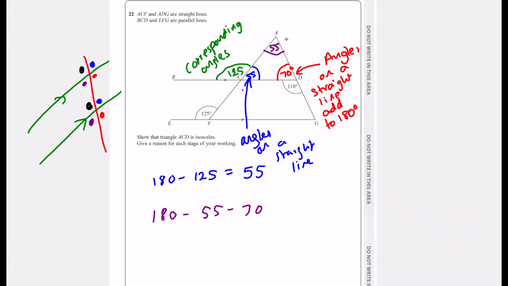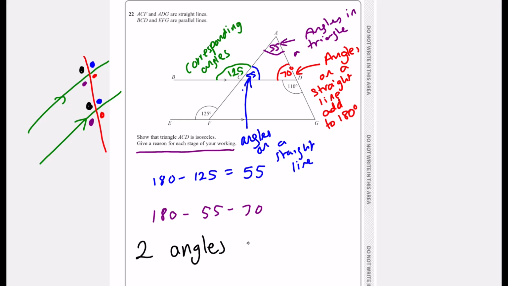Angles in a triangle. So I've given a reason for each stage of my working, like I was asked to, and we can see it's isosceles. An isosceles triangle has two angles the same. So two angles the same, therefore isosceles.